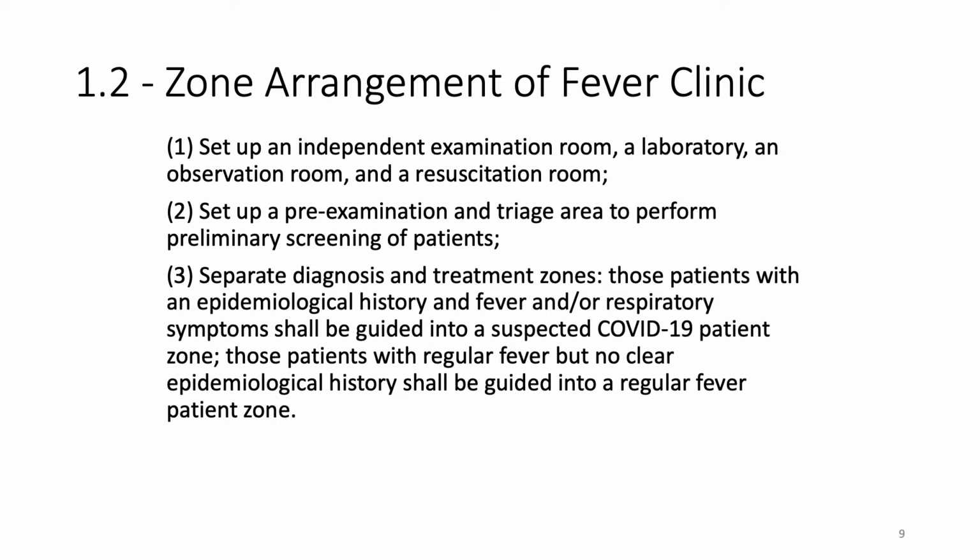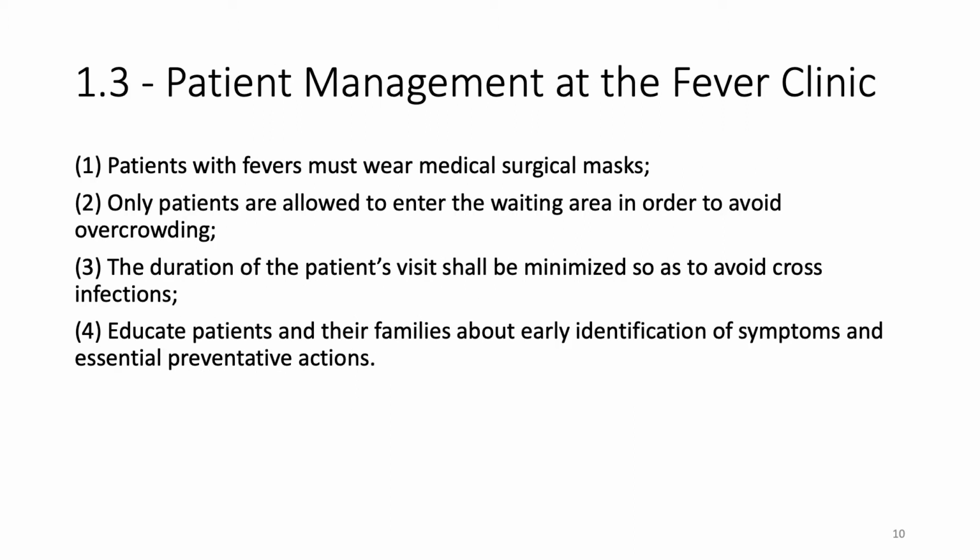Those patients with an epidemiological history and fever and or respiratory symptoms shall be guided into a suspected COVID-19 patient zone. Those patients with regular fever but no clear epidemiological history shall be guided into a regular fever patient zone.